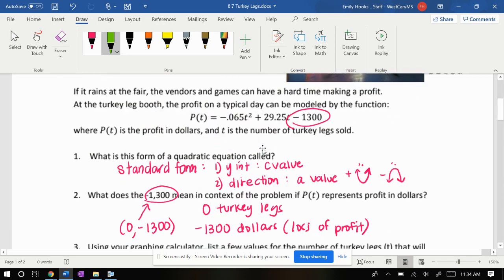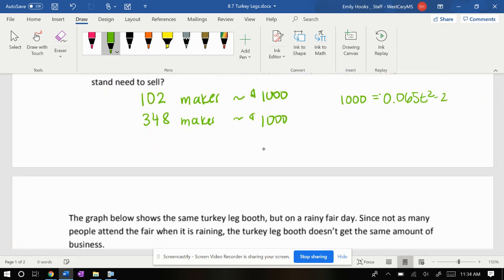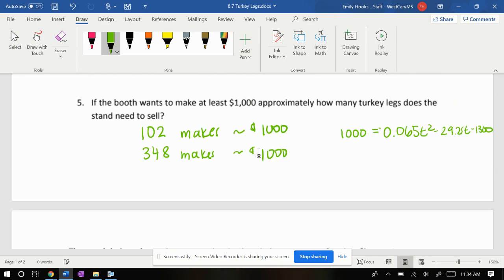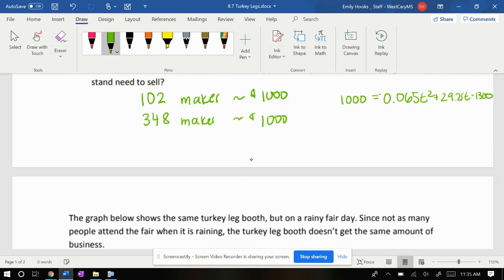And then 29.25 minus 1,300. Or was it plus? Whatever it was, yeah, plus. And then you could subtract the 1,000 to the other side, and then you would use the quadratic formula. So you actually can do this by hand, but this year in Math 1, we did functions to where you would be able to solve them by hand instead of having to use the formula. So you'll do this next year.